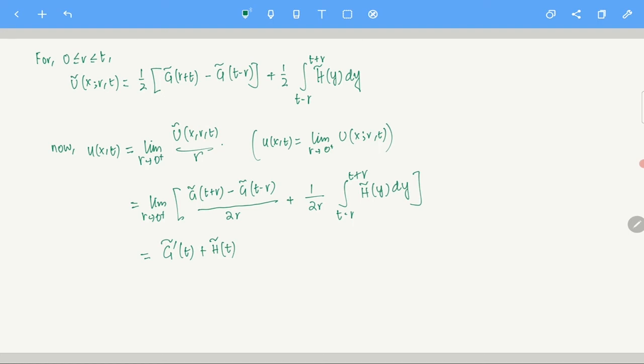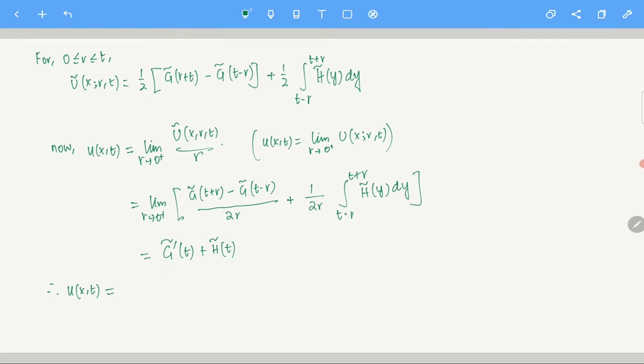Now what we are going to do is put all of this together. So hence what you have is u of x comma t is g prime, where this prime is with respect to t, right?